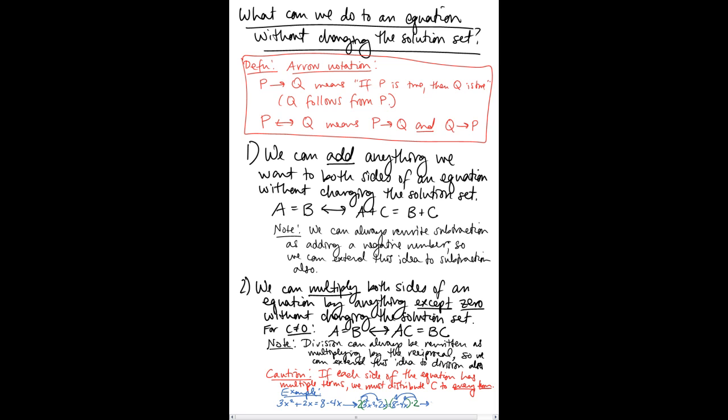So we should end up with 2 times 3x squared plus 2 times 2x on the left. And on the right, we should end up with 8 times 2 plus negative 4x times 2.